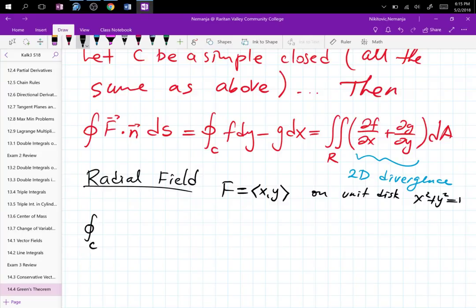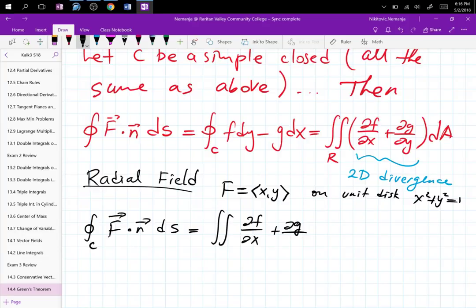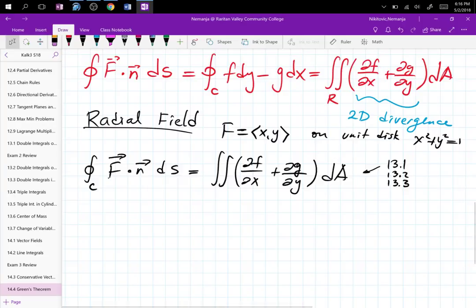And then I'm just going to put over here that we have F dot n ds is going to be equal to this double integral of divergence. So we are going to calculate divergence first on the side, and then we will decide which kind of chapter 13 integral we are going to set up. So you always have the choice between the three sections.